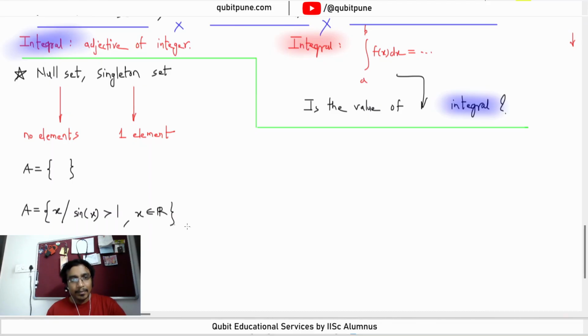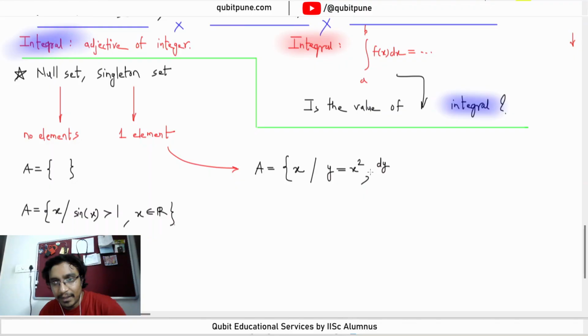Any example of a singleton set? Okay, let me come up with an example here. The set of values of x such that y is equal to x squared and dy by dx is equal to 0. Is it a singleton set?